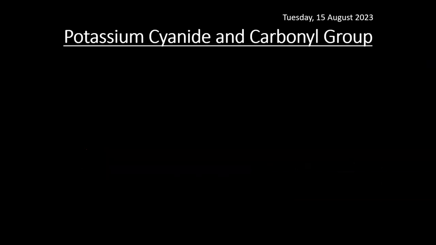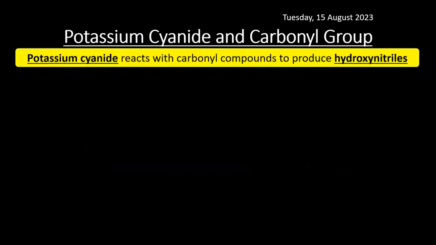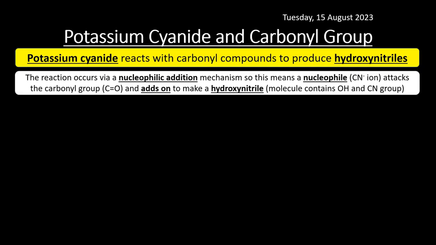Okay, so if we carry on, this time the alternative reagent is potassium cyanide. The CN- nucleophile is generated either from potassium cyanide or the reaction of potassium cyanide with a dilute acid. HCN, the product, is extremely poisonous, and so we tend not to use that.